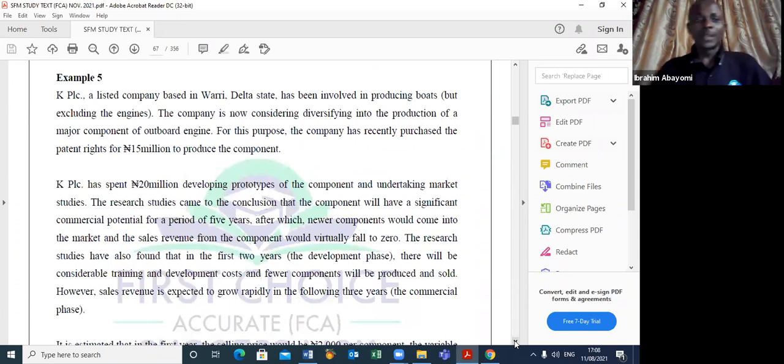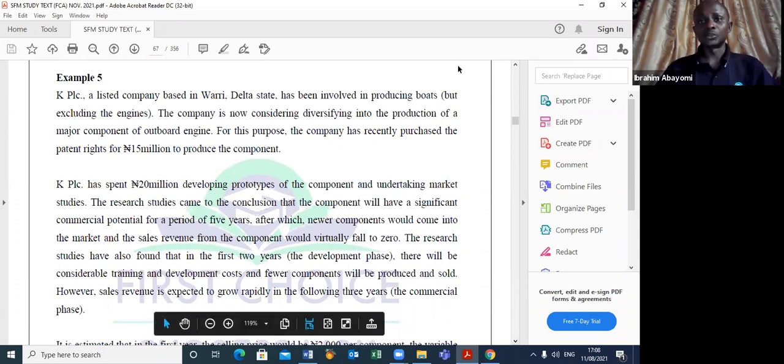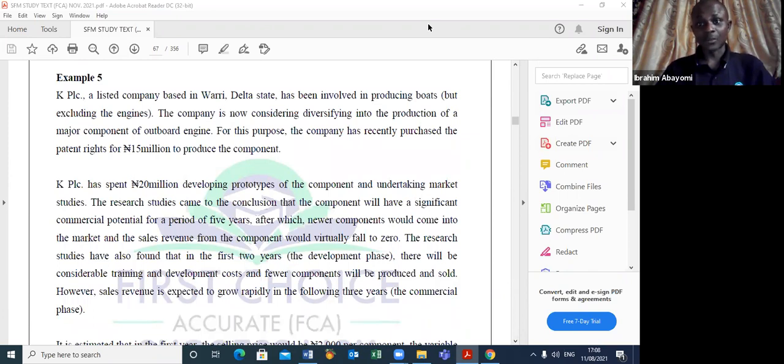Now, the usual approach that you should adopt in solving an SFM question, especially question number 1, is to read the requirement of the question first, because the question is going to be large. Reading the requirement first will give you an insight as to the variables you should be looking out for.